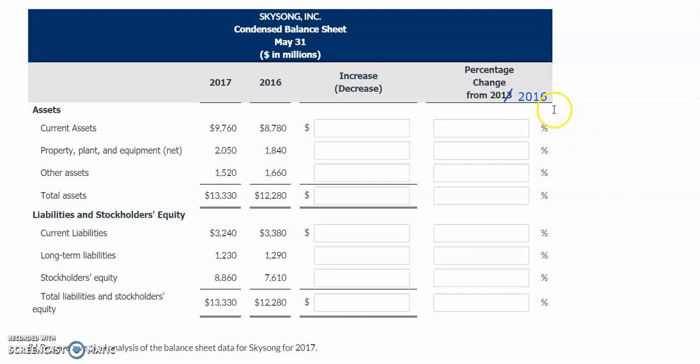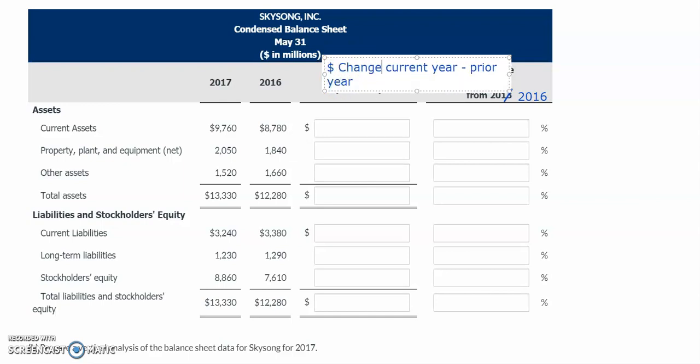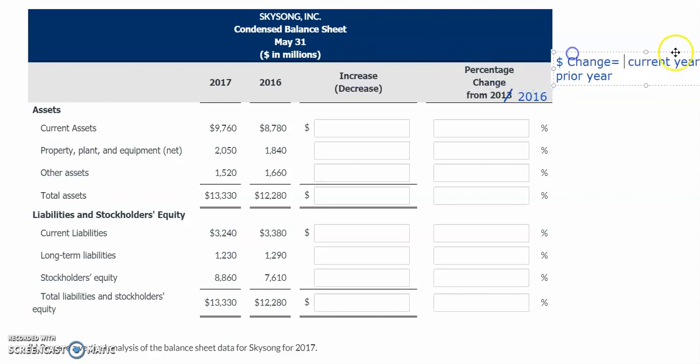All right. So for the dollar change, you're going to take the current year minus the prior year. So that will be 2017 minus 2016.